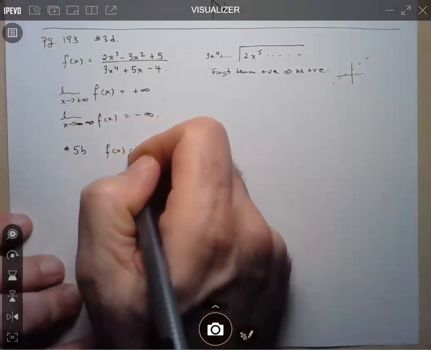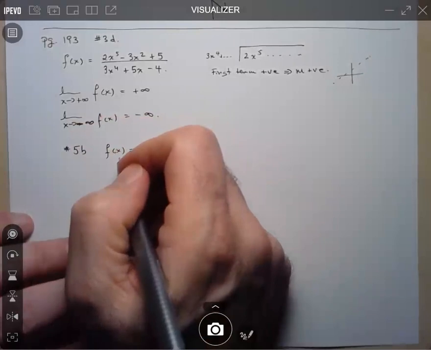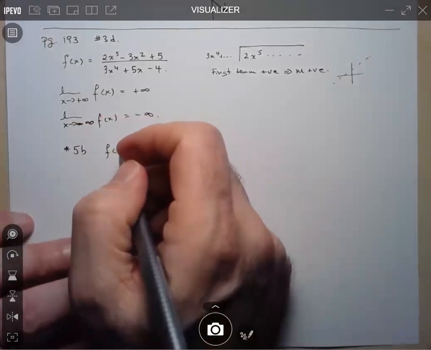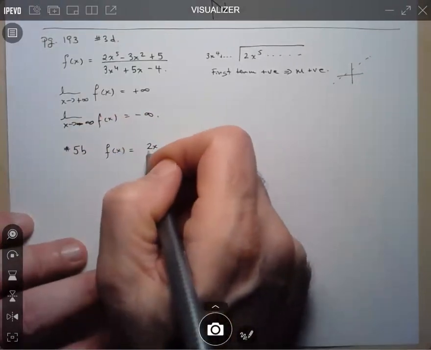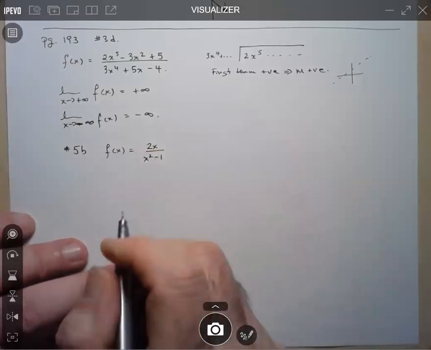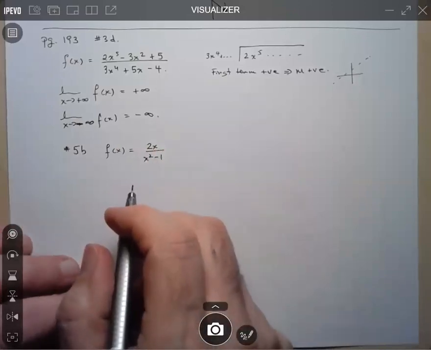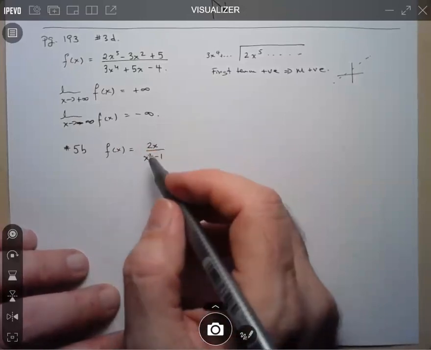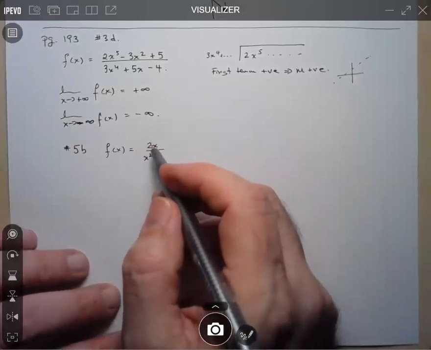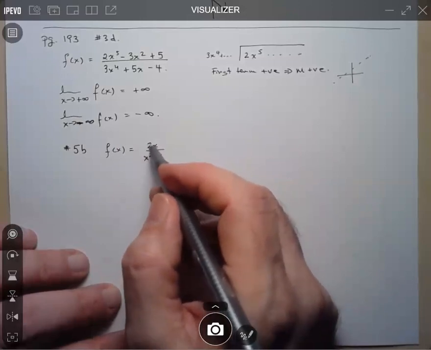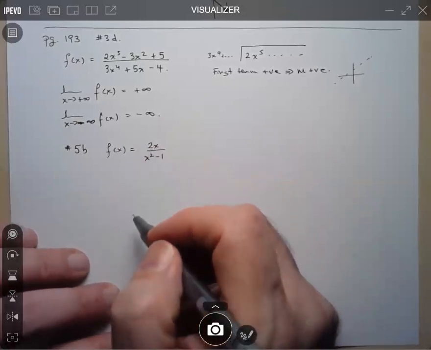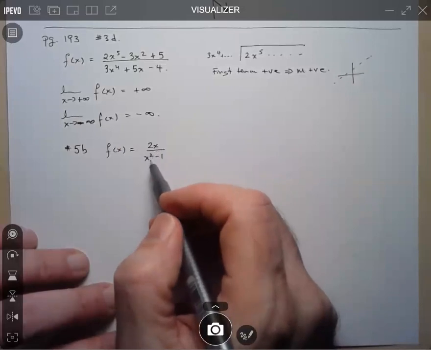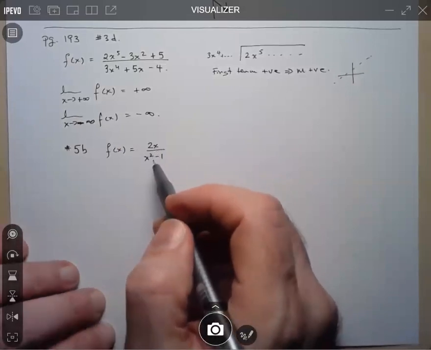f at x equals 2x over x squared minus 1. So we know that if we're looking for horizontal asymptotes, in this case the horizontal asymptote is given by 0, since the degree of the denominator is the bigger one this time.